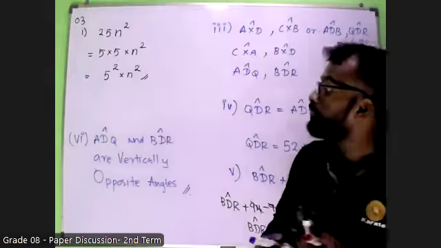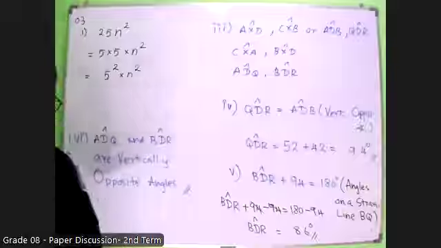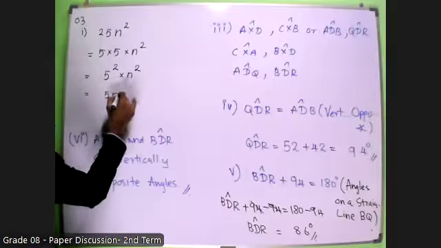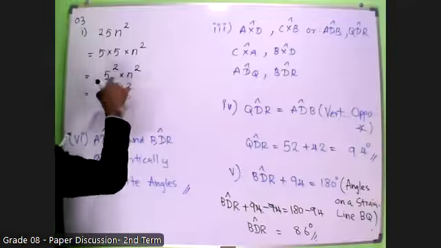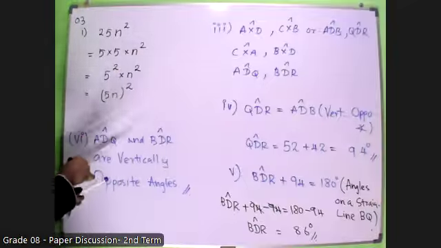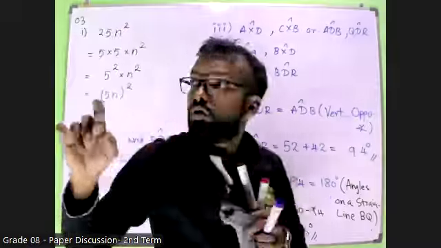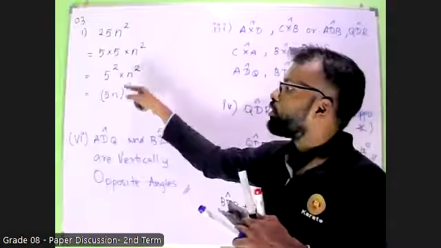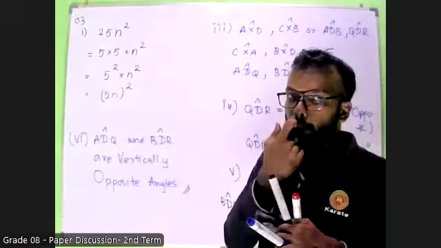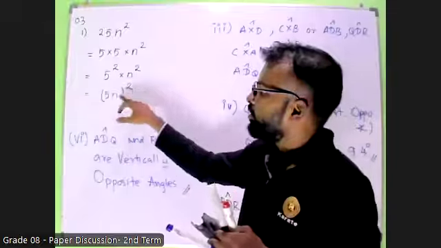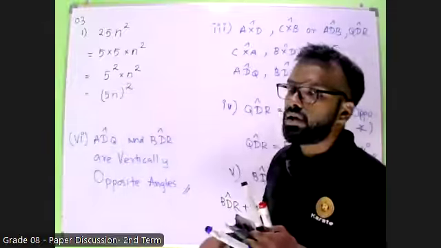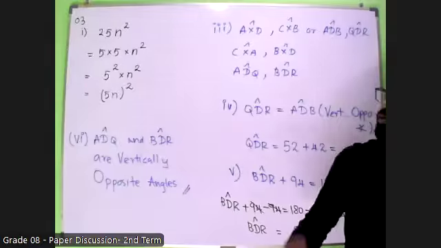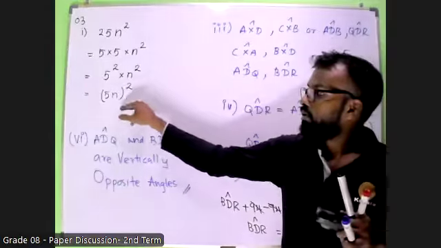If you want, you can write this as 5n to the power 2, because power 2 is common for both terms, 5 and n. This is the power of products. Sorry, product of powers.